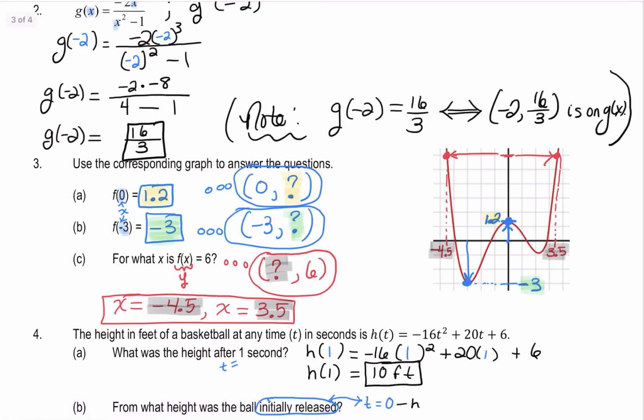So that's going to mean we are looking for, and the arithmetic here will be even easier, h of 0. And so of course I'll write it out, but in your first couple of terms there, as soon as you have a t, that t is going to go to 0. Those first two terms would have just been 0. They would have been gone. And then 0 plus 6, of course, would have just given us 6 feet as our initial height.